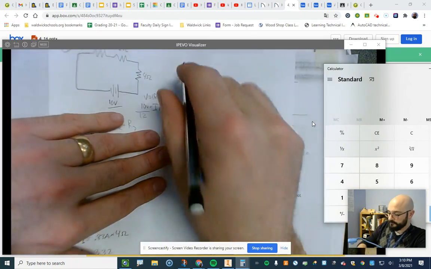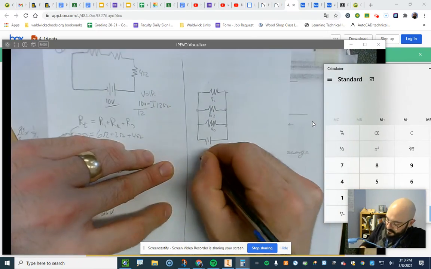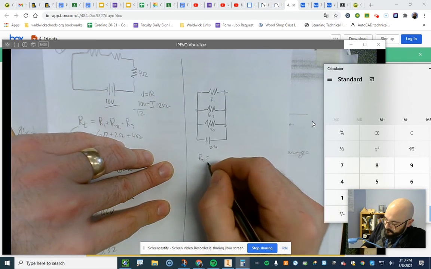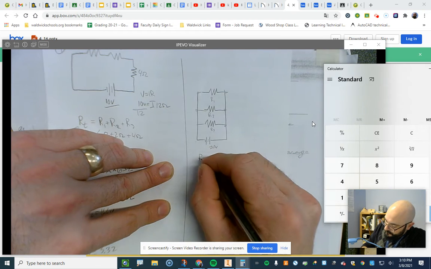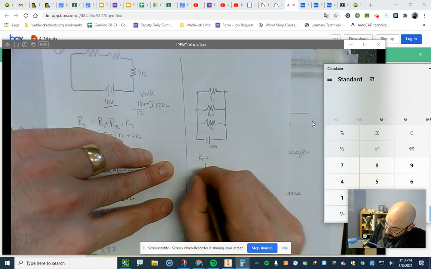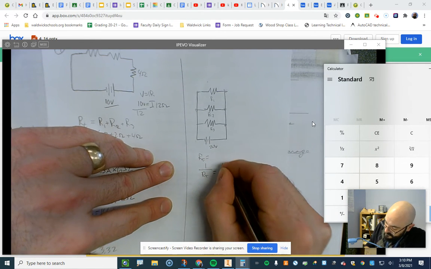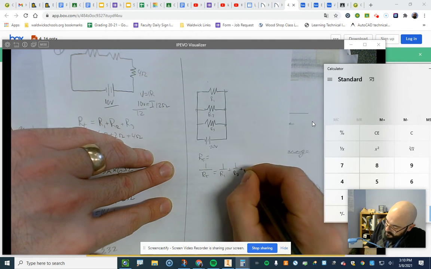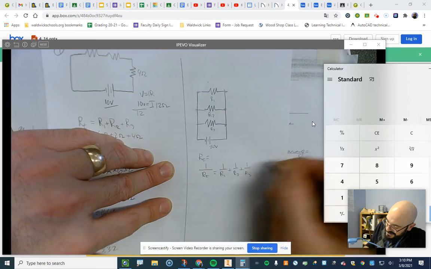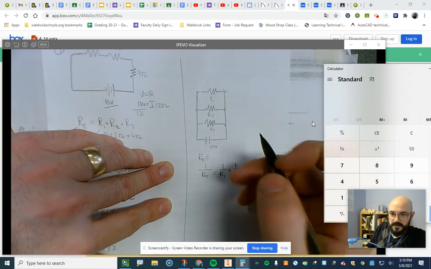All right. So now I need resistance total. So this is in parallel. So resistance total is going to be 1 over RT equals 1 over R1 plus 1 over R2 plus 1 over R3, and so on. We only have these three.